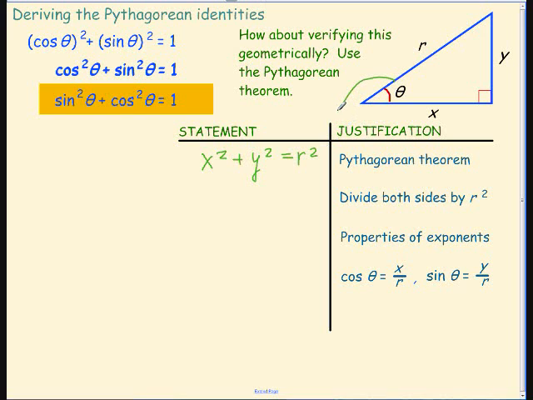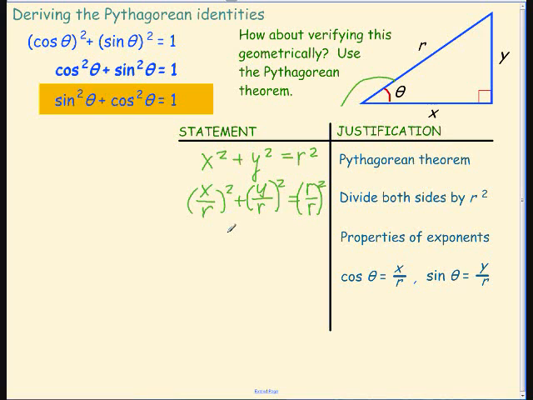Right up here, I'm using this. We're going to divide both sides by r squared. Then we'll have x over r squared plus y over r squared equals r over r squared.